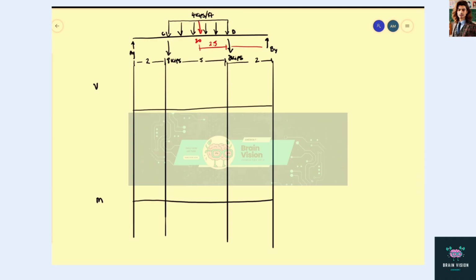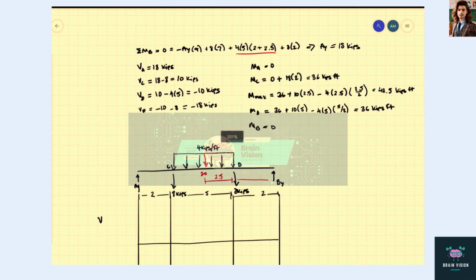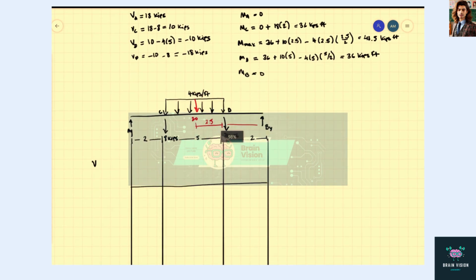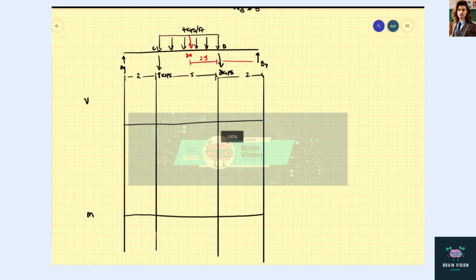And for this, we said that VA is equal to 18. So we're going to go to 18. And then we come back down to 10.